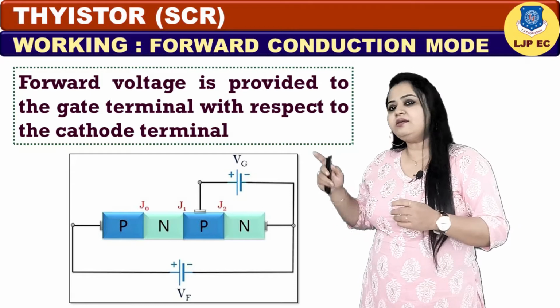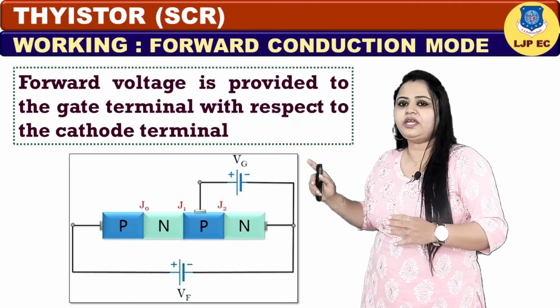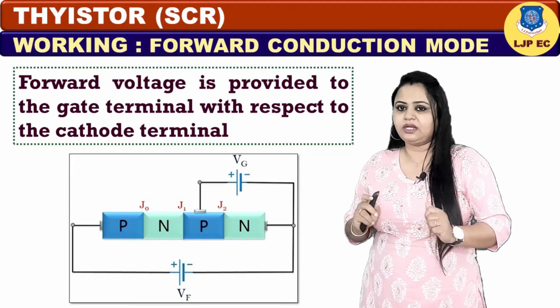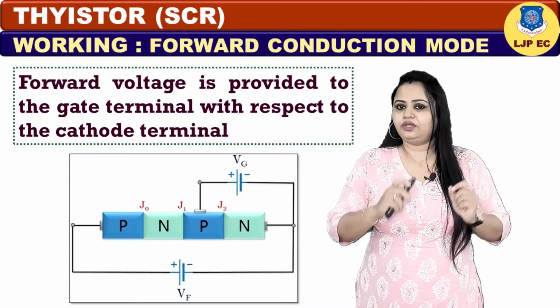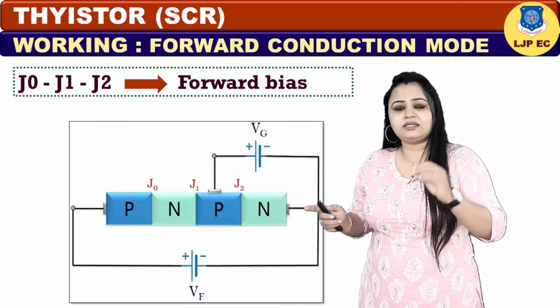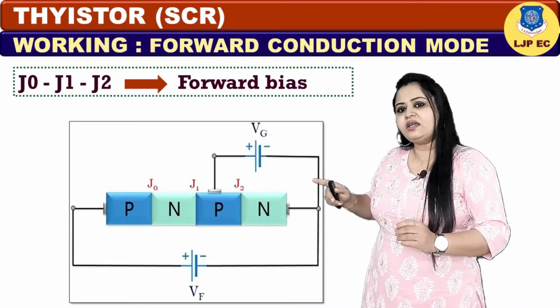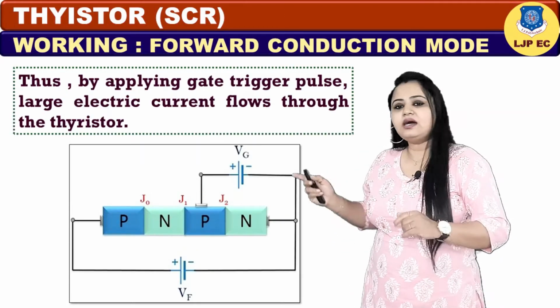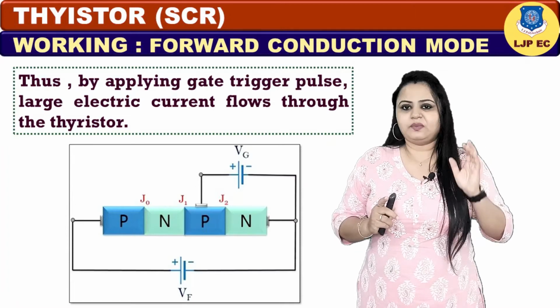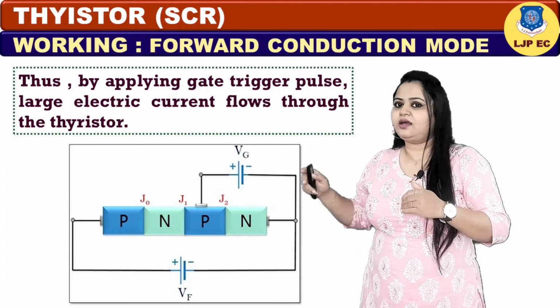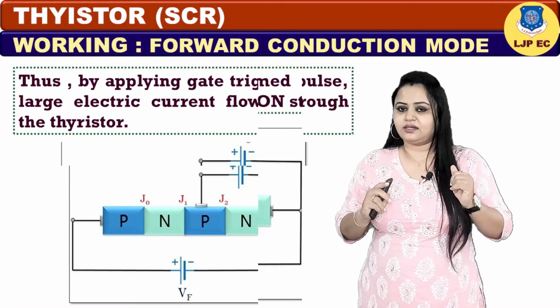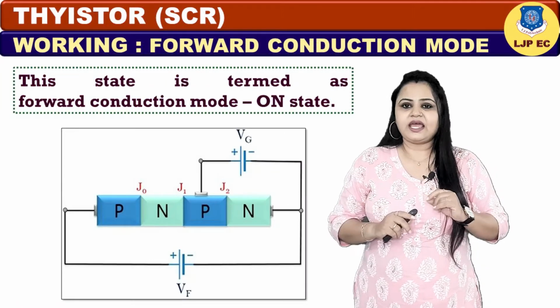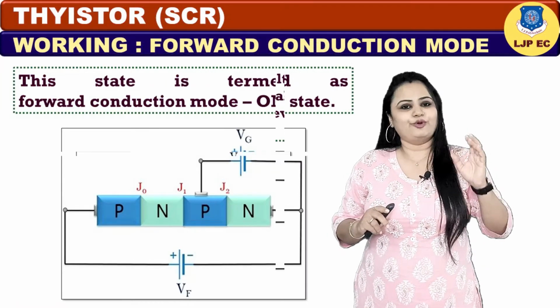In the figure, we can clearly see that forward voltage is provided to gate terminal with respect to cathode terminal. Now in this case, the junctions J0, J1 and J2 all come in forward bias condition. Thus, by applying gate trigger pulse, large electric current flows through the thyristor. This state is termed as forward conduction mode.